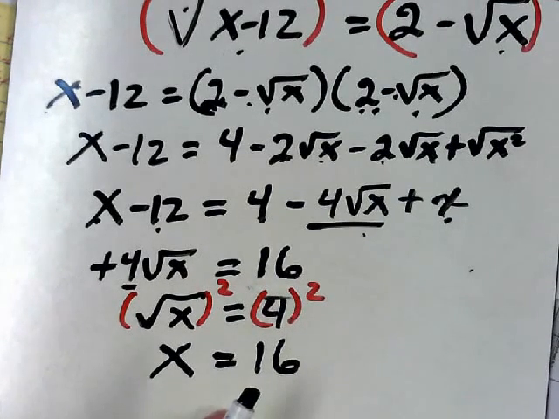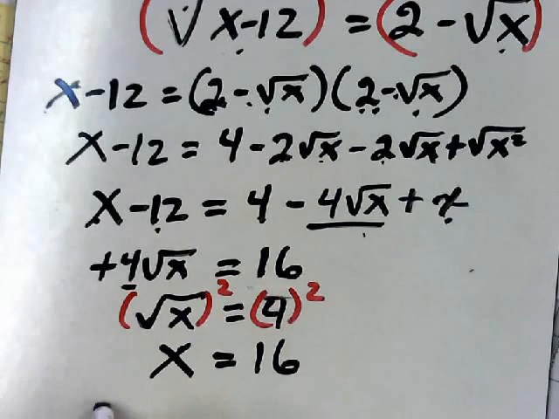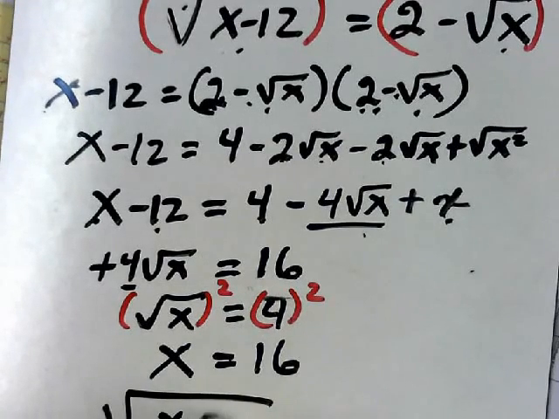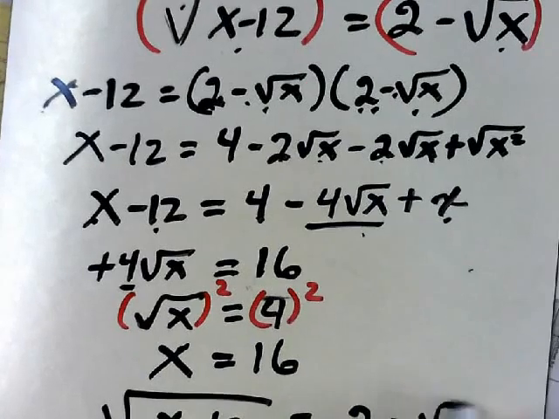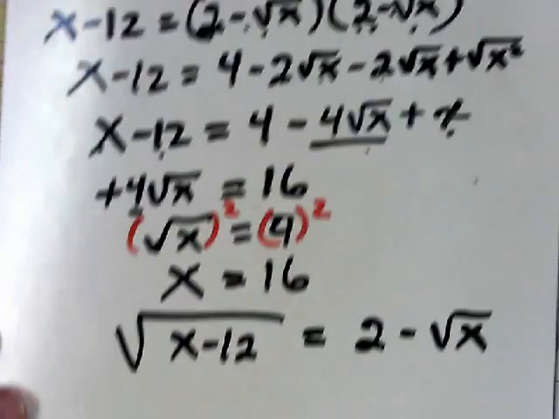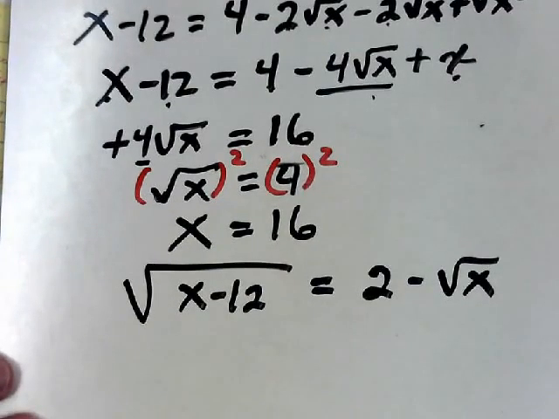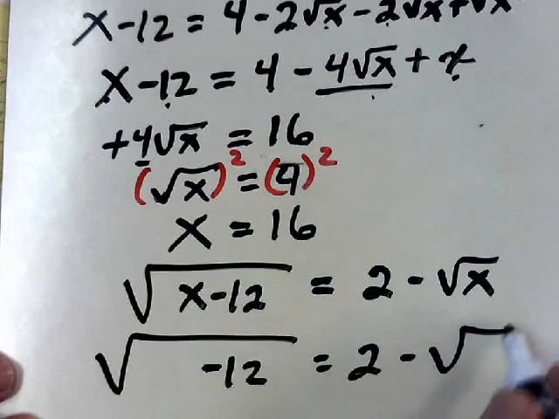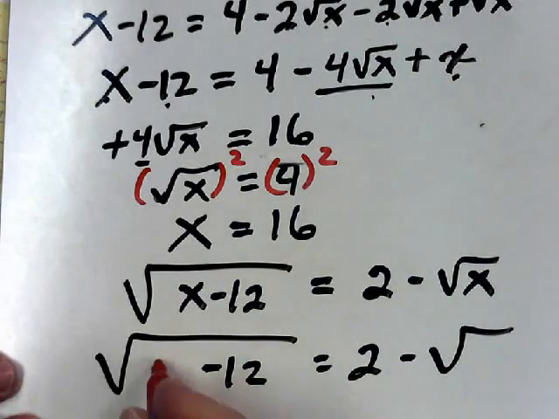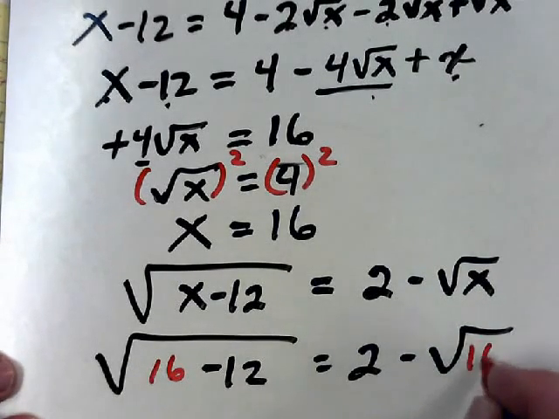So I have to take this 16 and put it back into the original problem, which looked like this. So if I put it back in, here's the 16, here's the 16, right?